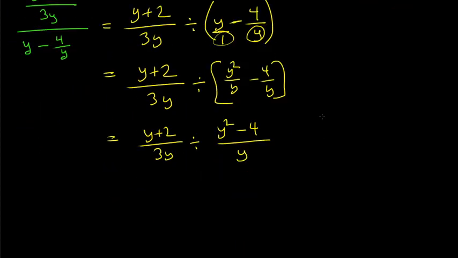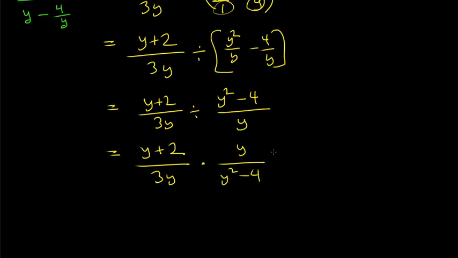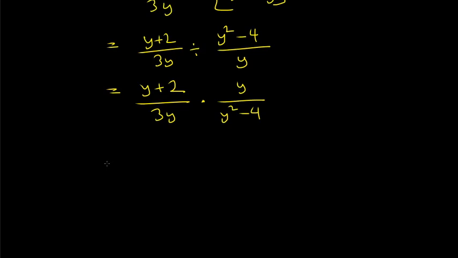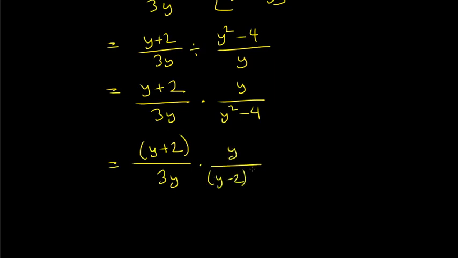So now we can keep, change, flip. Multiply by the reciprocal, flip the second fraction. Now you just factor. And in fact, the only thing that you can factor here is the second denominator. y squared minus 4 is y minus 2 times y plus 2.